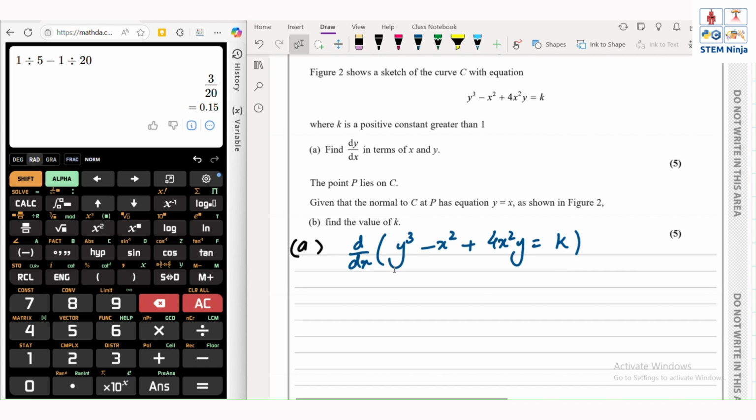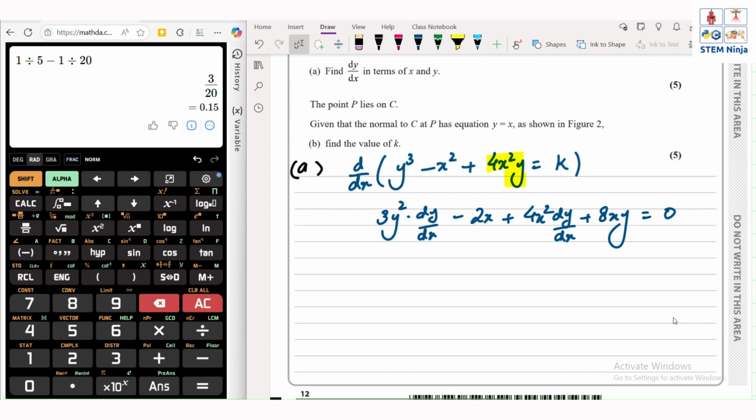So this y cubed becomes 3y squared dy by dx. Wherever there's a y term, it will be having dy by dx. Minus 2x, plus this thing now will be dealt with using the product rule. So 4x squared dy by dx plus y times 8x equals 0 because k is a constant.